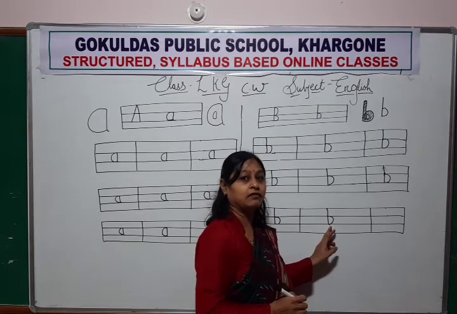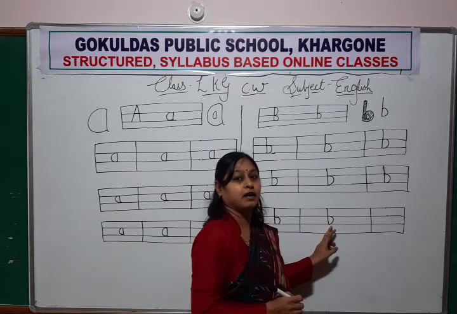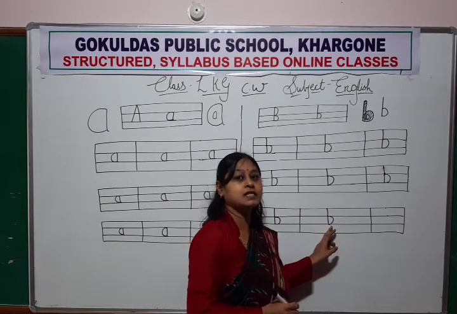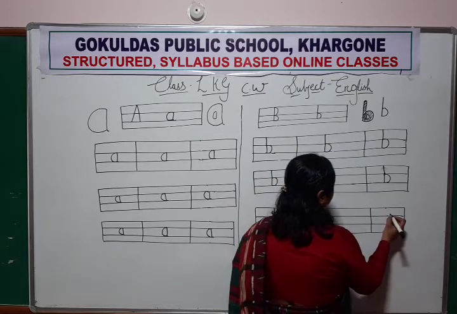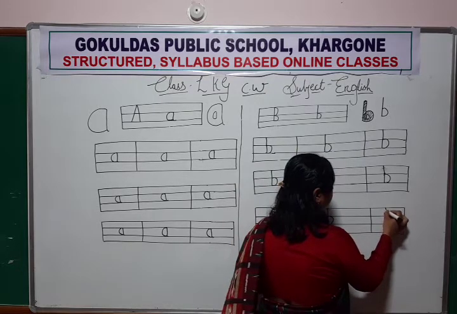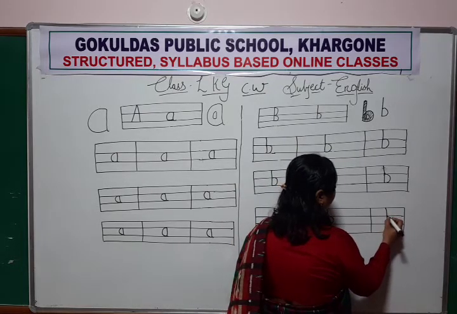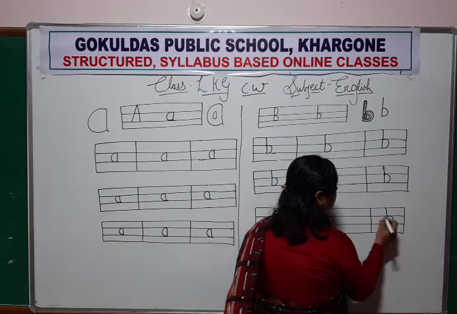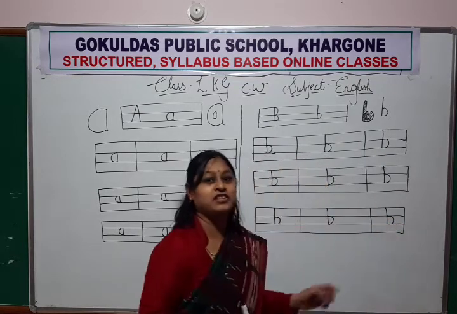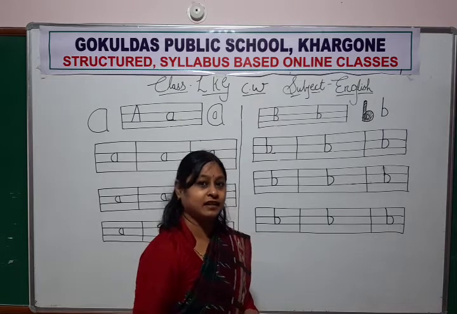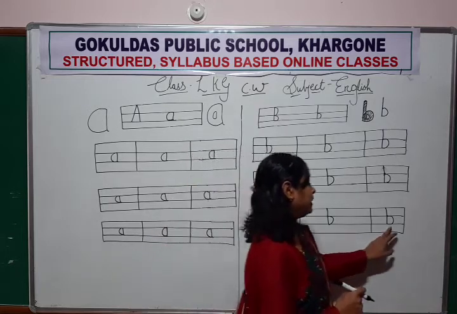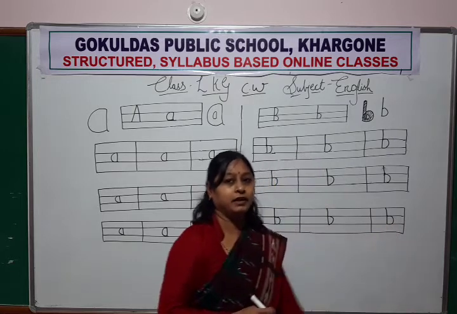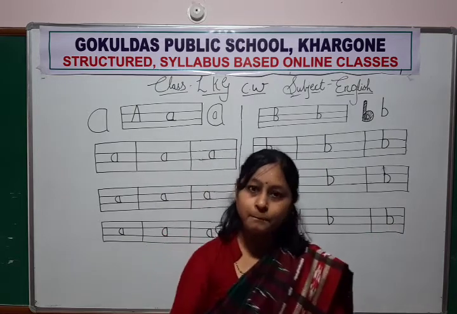And sound of letter B is B. Very good, my dears. Again, we will start to write standing line and after that half circle. So which letter is this? This is letter B. Small b. Okay, baby b. And sound of letter B is B.